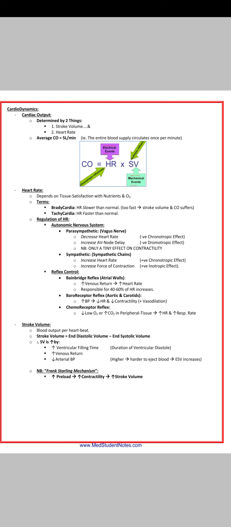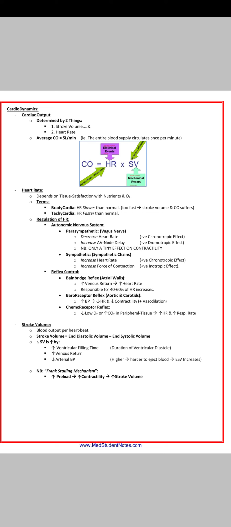The sympathetic nervous system increases the heart rate because it is connected to the SA node, the AV node, and the ventricular contractions. So it increases the heart rate and the force of contraction, which is a positive chronotropic effect. A decrease in heart rate is known as a negative chronotropic effect.